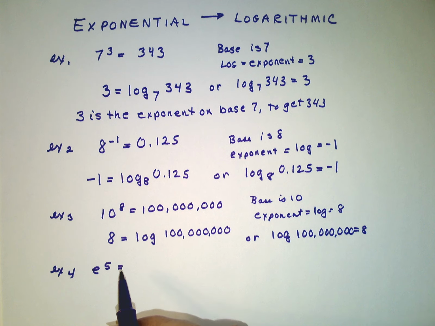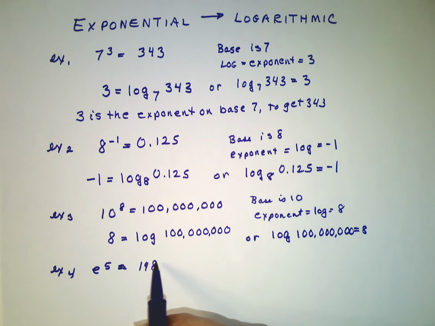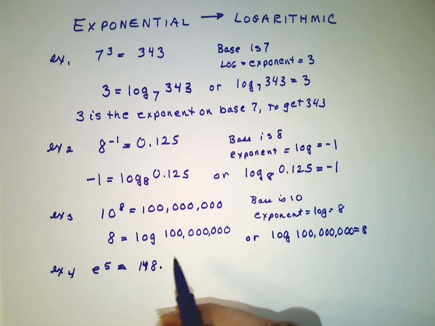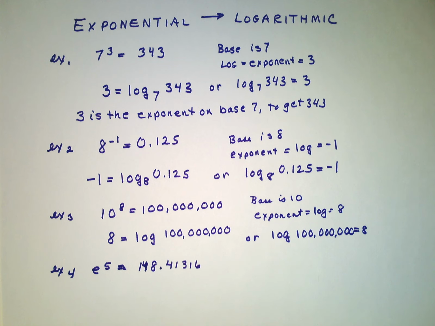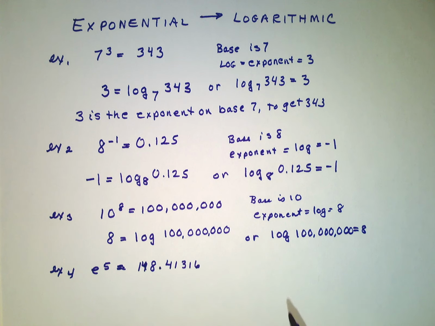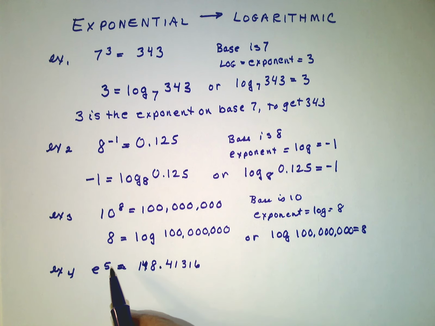We have the exponential equation that e to the 5th is approximately, I hope I copied this right. We know the base is e. We know that the exponent, which is going to be the logarithm, is 5. So we could say that 5 is approximately equal to the exponent, but we're not going to put log base e.